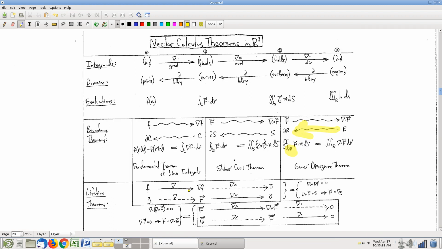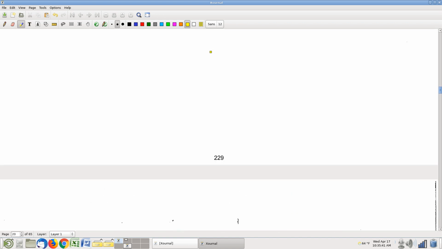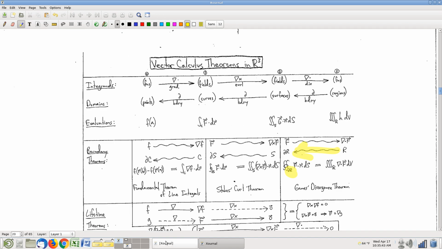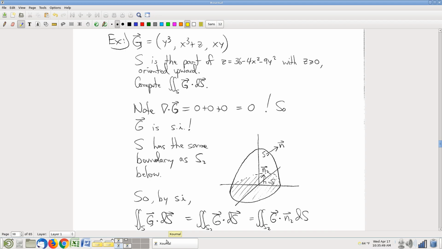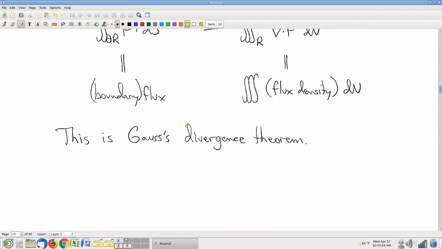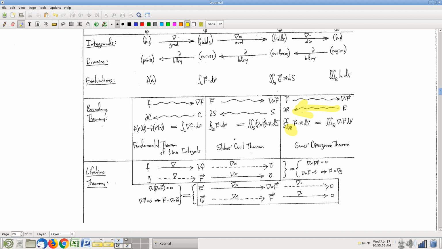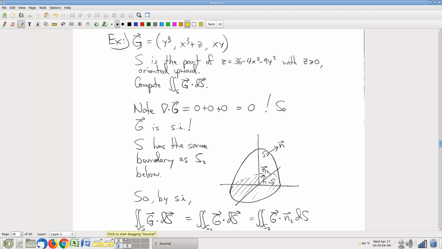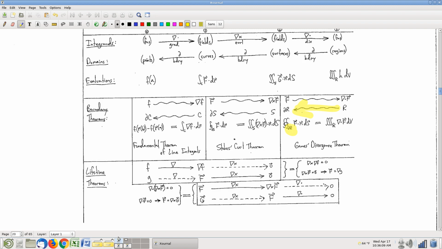I'm sorry, this keeps taking me to the wrong page. I guess I'm here now. Okay, fine. So we can't use Gauss's divergence theorem here because it's not a boundary. Gauss's divergence theorem says you can compute fluxes of boundaries. That's not us.